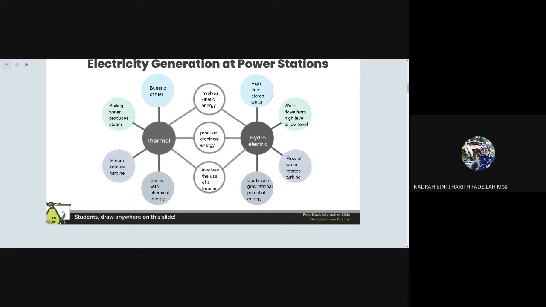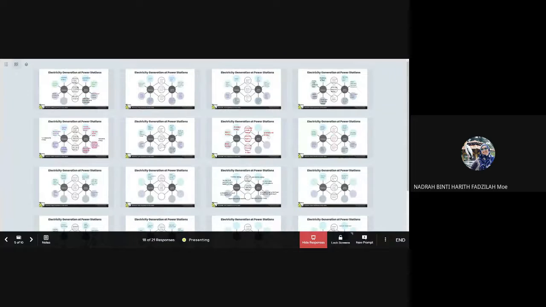Okay, kemudian saya nak tengok idea lain juga yang ada kat sini. Yes, ada yang sebut pasal pollution juga kan, between the two siapa yang most likely akan produce pollution.